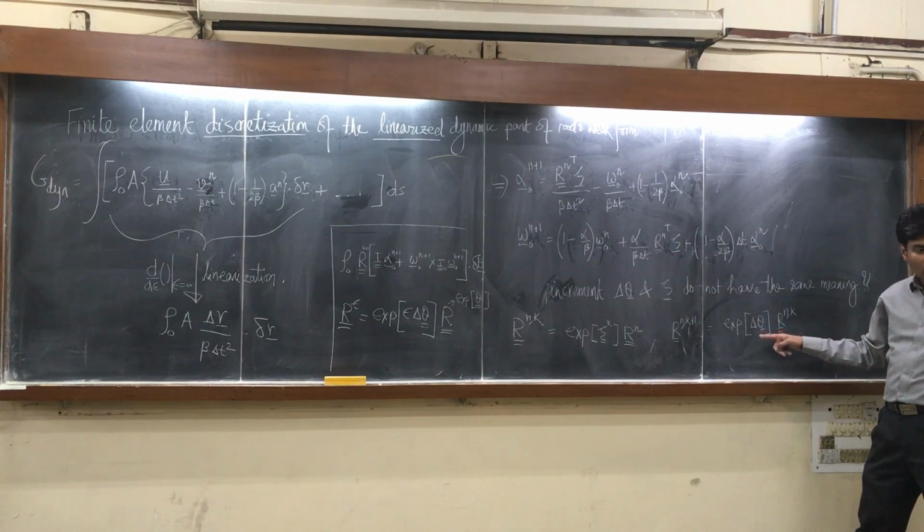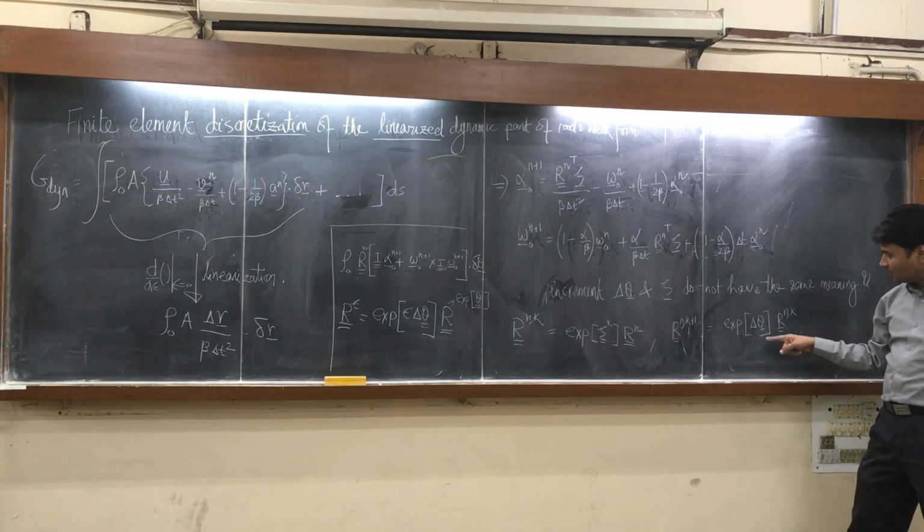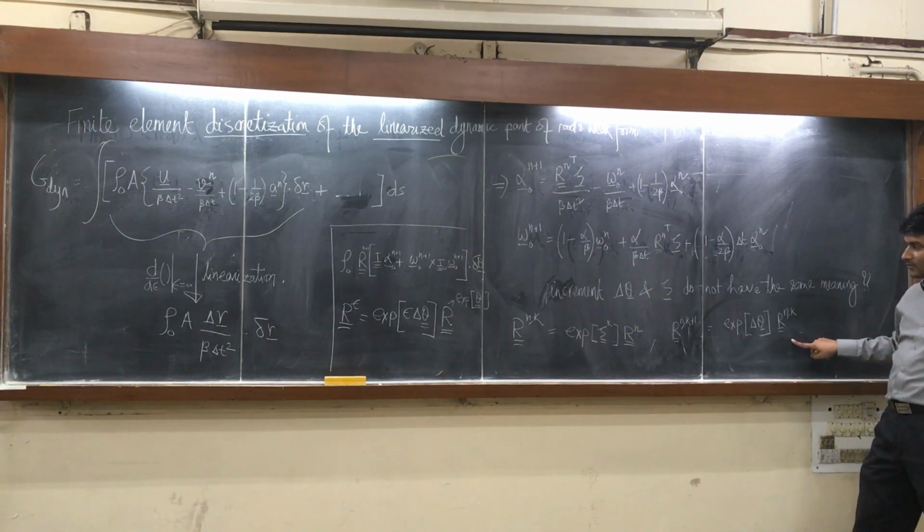See, this delta theta is during the Newton-Raphson scheme. As you go from one iteration to the other, that's what it was in the statics. So that's how it is defined.